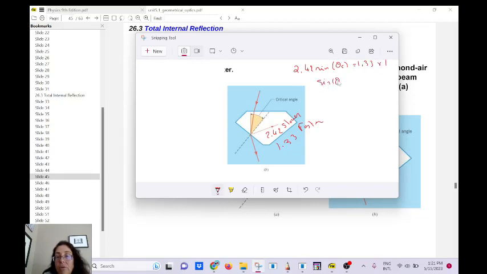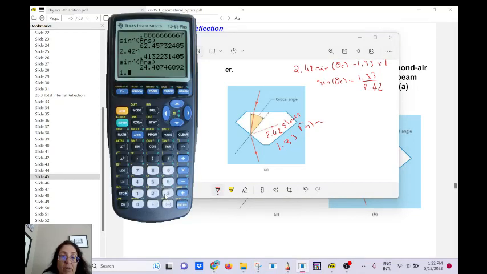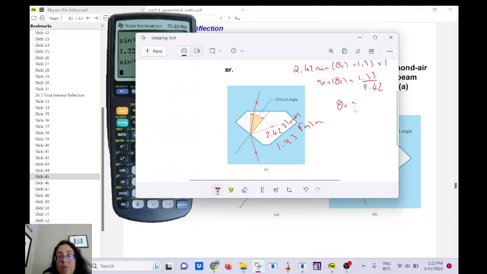So you can find the new critical angle: 1.33 divided by 2.42, you take the inverse sine, and you get 33 degrees. So the critical angle is about 33 degrees, and you see that 28 is smaller than the critical angle, so the light can escape.